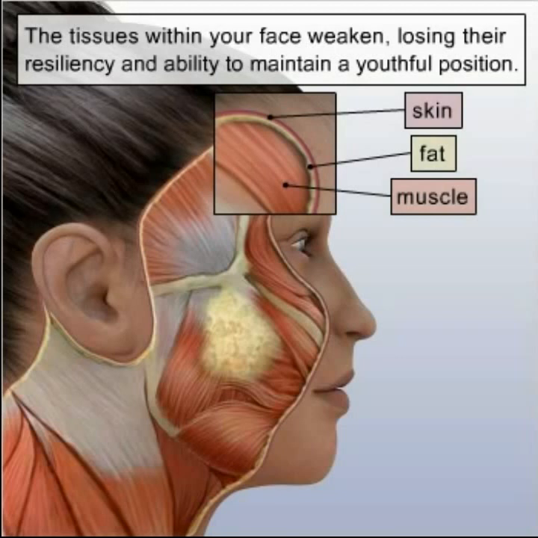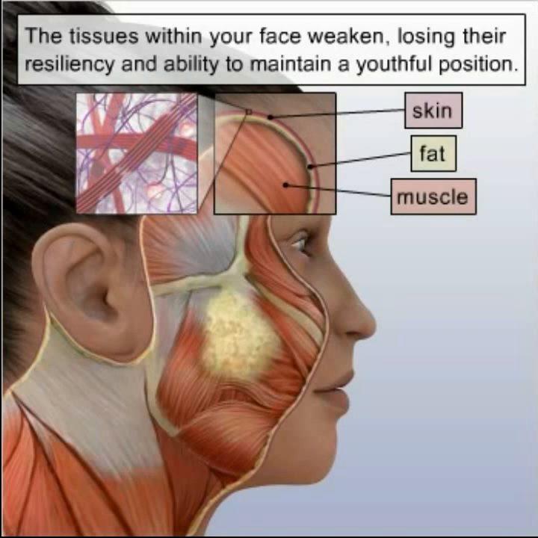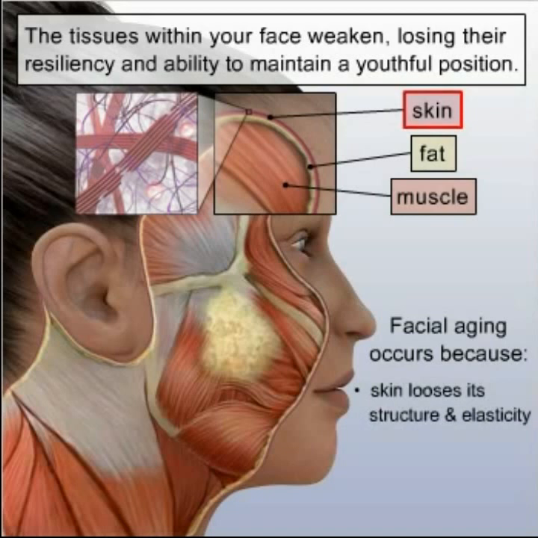Facial aging occurs for many reasons. In response to sun damage and other factors, your skin support network of collagen and elastin breaks down. As a result, your skin loses some of its structure and elasticity and becomes lax.